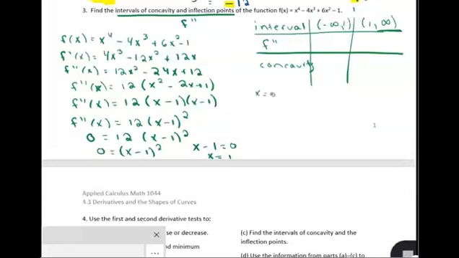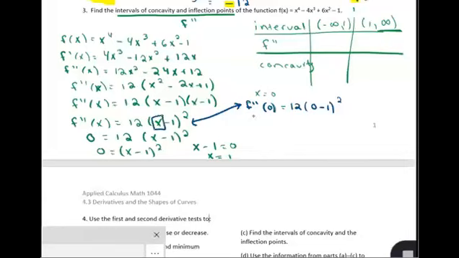So if we say x is equal to 0, then in our second derivative, our f double prime of 0 is going to look like 12 times 0 minus 1 quantity squared. So if we're looking for f double prime of 0, that means that we're taking our second derivative equation right here, and we're putting 0 in where we see the x.